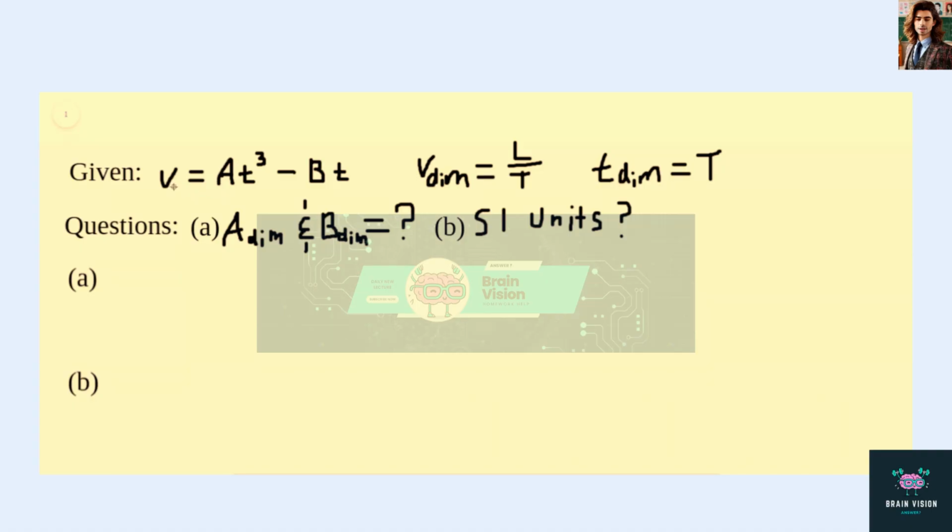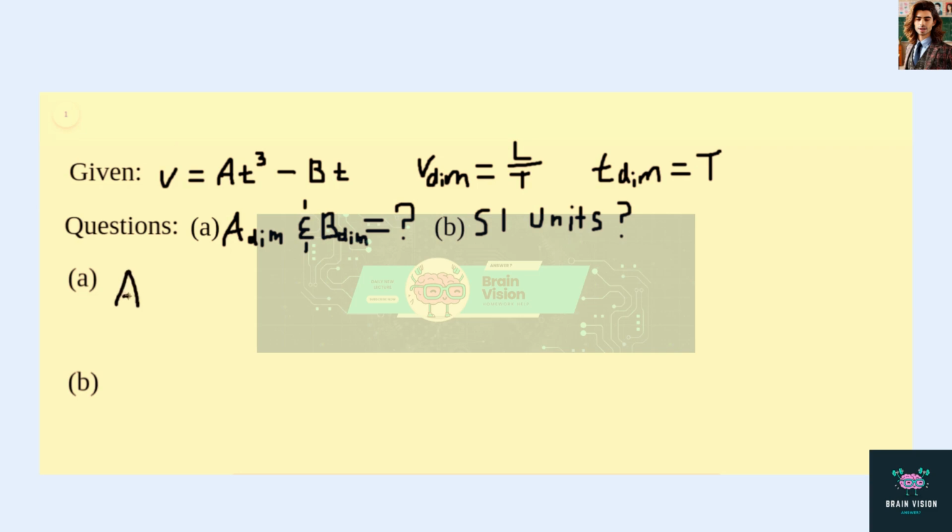In order to add and subtract things, you also have to have like dimensions. So a times t to the third must have the same dimensions as b times t and must have the same dimensions as v. So a times t to the third's dimensions must be the same as v. Therefore, to find the dimensions of a, we need to take the dimensions of v and divide them by the dimensions of t to the third.